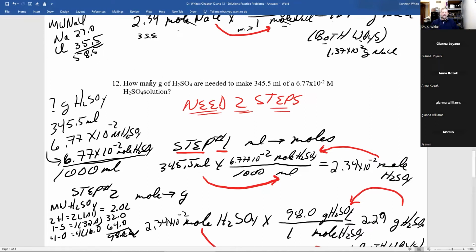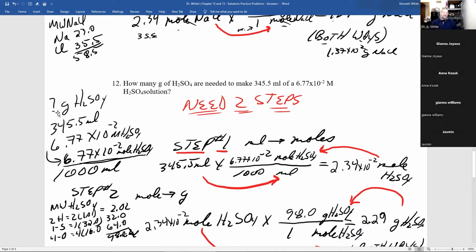So now, how many grams of H2SO4 sulfuric acid are needed to make 345.5 milliliters of a 6.77 times 10 to the minus 2 capital M H2SO4 solution? And as I've taught you this semester, when we have, don't get scared, a word problem, find out what are you being asked to find in the units.